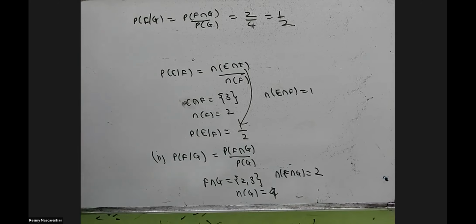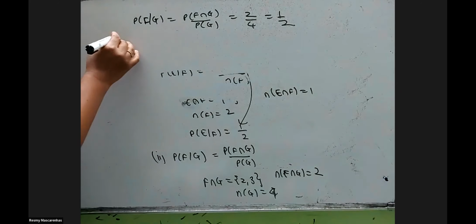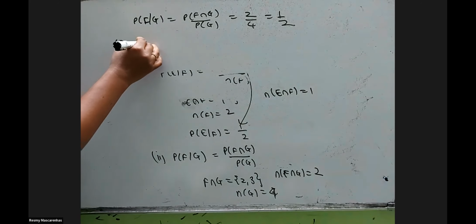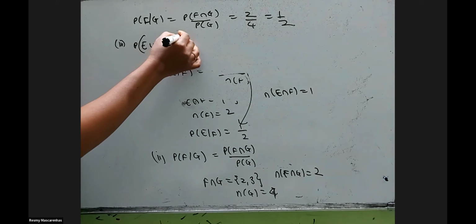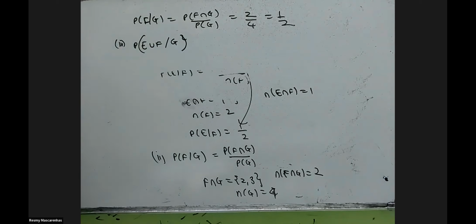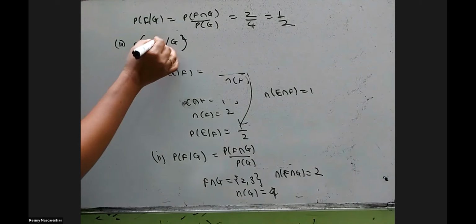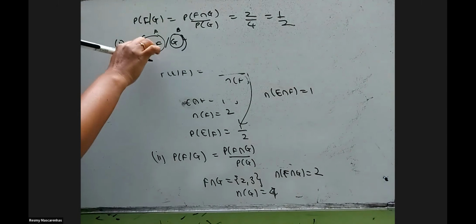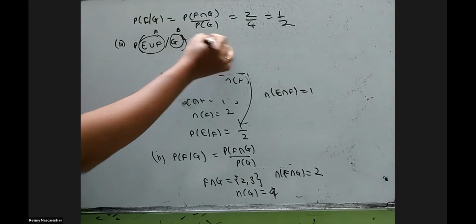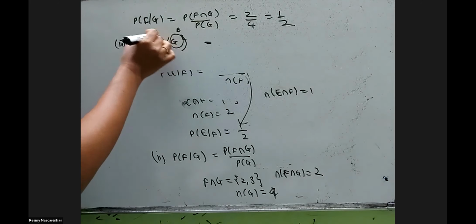Next one. Third one asked is P of E union F by G. So as per this is like A and this is like B. Probability of A upon B is given as what? A intersection B. Instead of A, this is the whole thing.